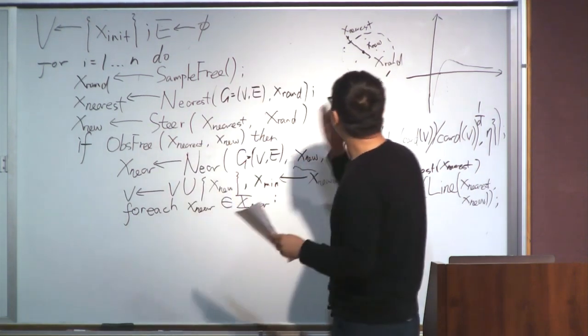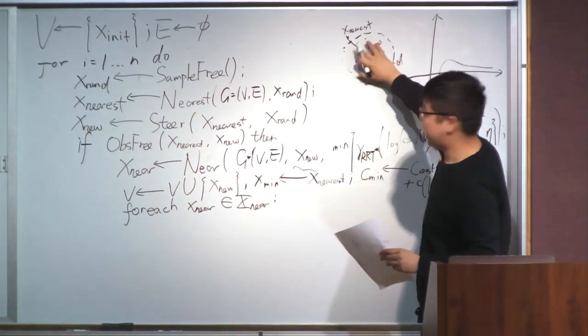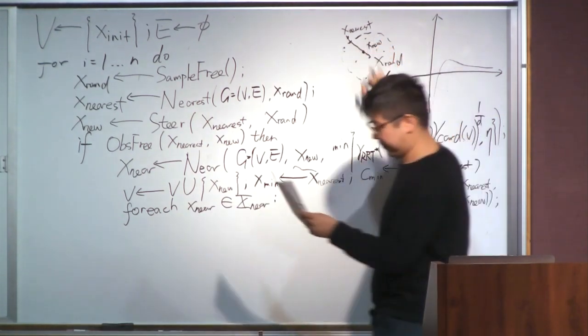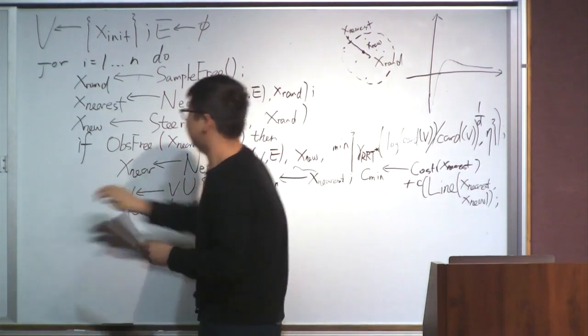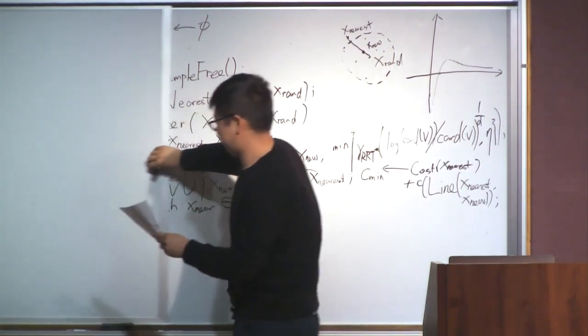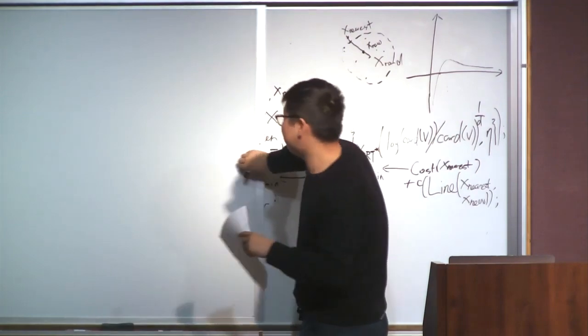We want to do so now we are checking all the points in this circle, and maybe I need another. So can I use another one?